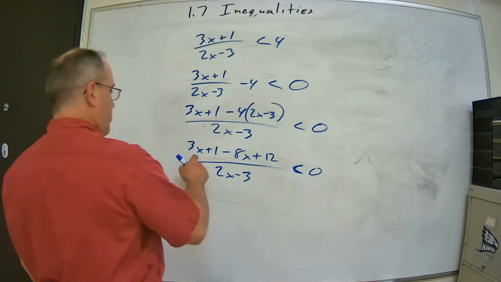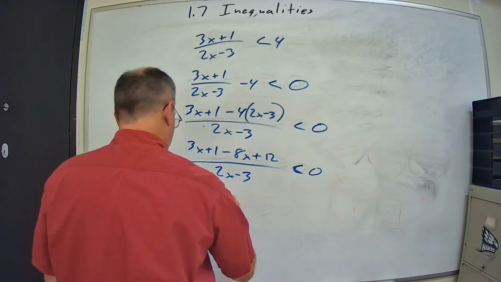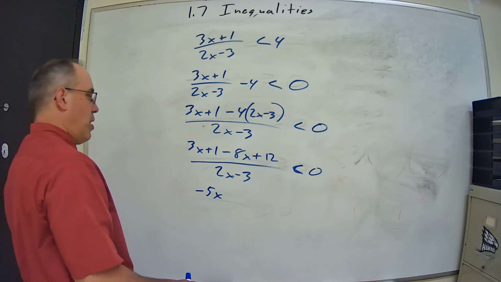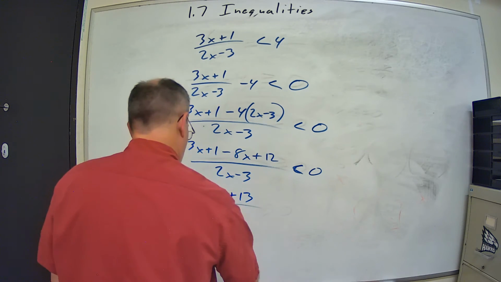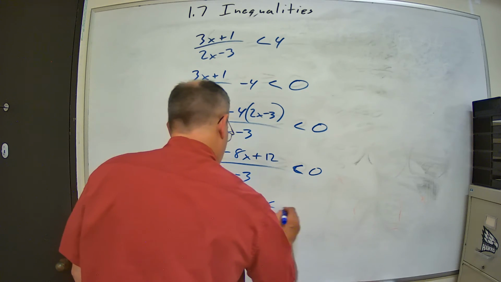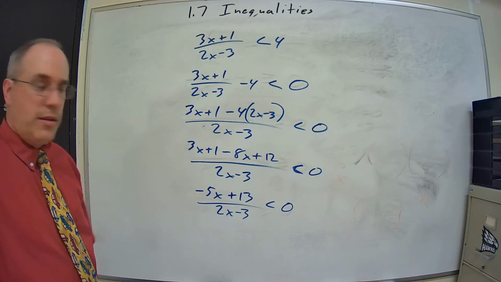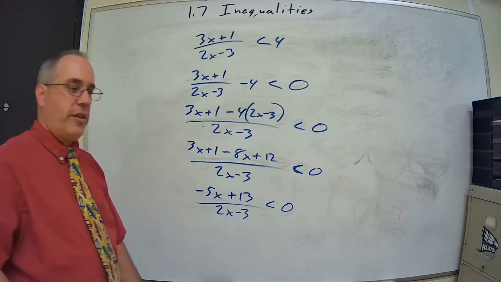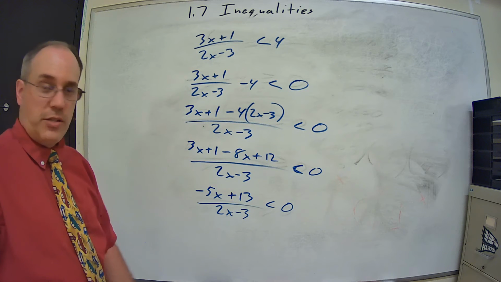Combine like terms. 3x minus 8x gives us negative 5x. 1 plus 12 gives us 13 over 2x minus 3 less than 0. So now that we have that, we can set both the numerator and the denominator equal to 0. We can't factor them anymore, so that's as far as we can go.